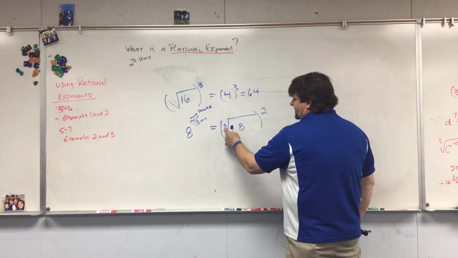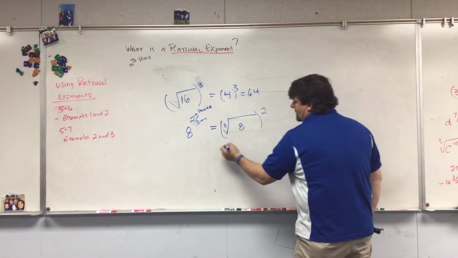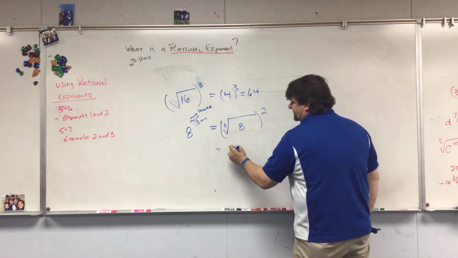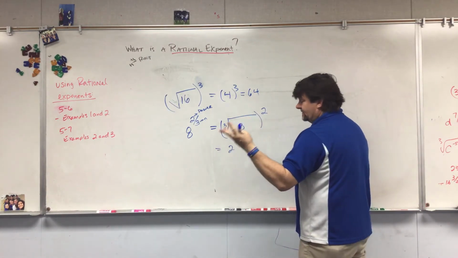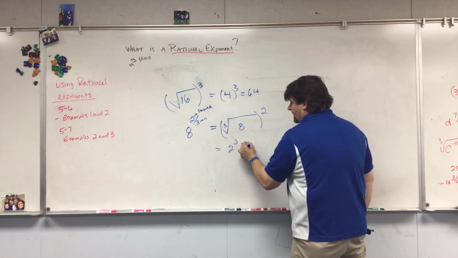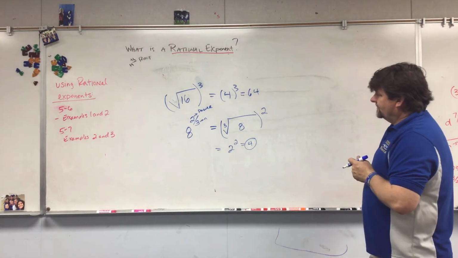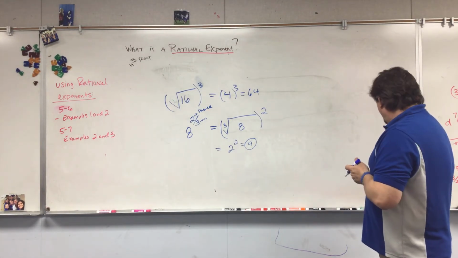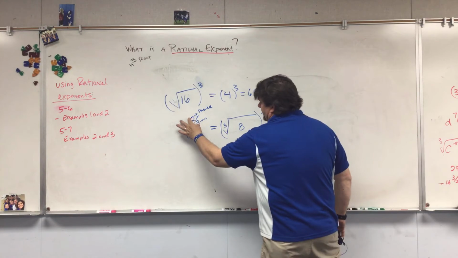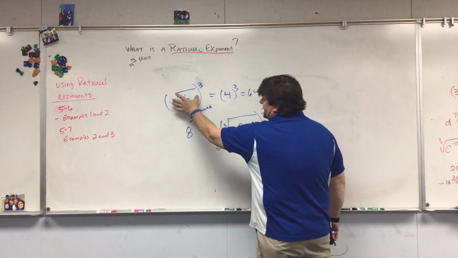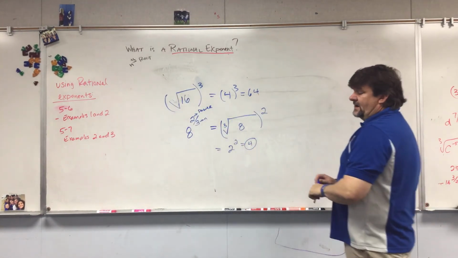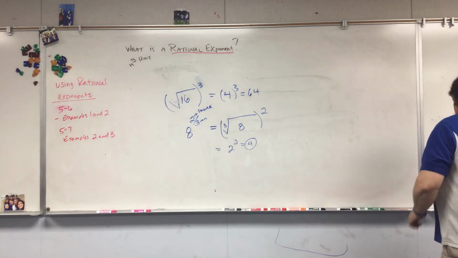So we get the cube root of 8 squared. Well, what's the cube root of 8? 2, because 2 times 2 times 2. Square it. Okay? So my answer is 4. So that's what they mean by rational exponents. You can take a fractional exponent and turn it into a radical. You can take a radical and turn it into an exponent, and you can find your answers that way.